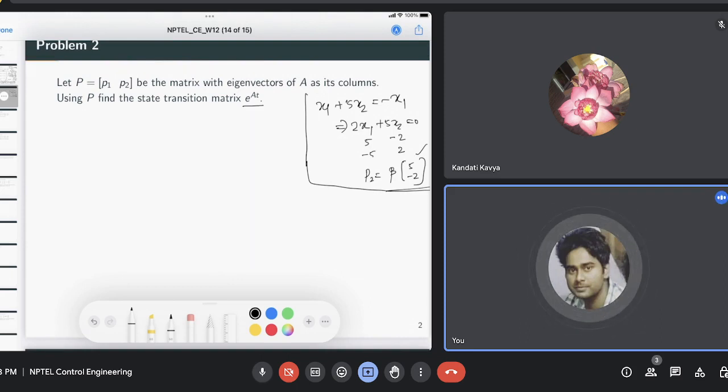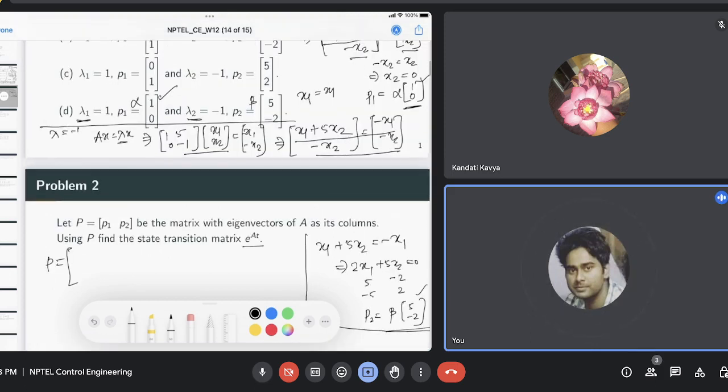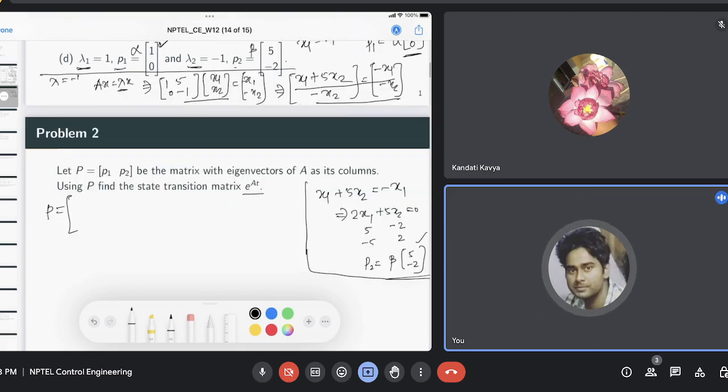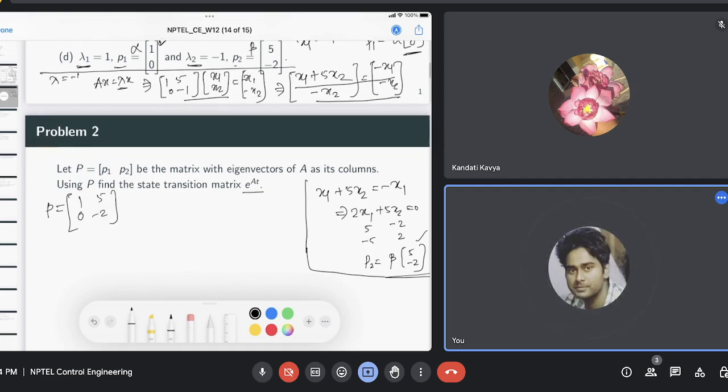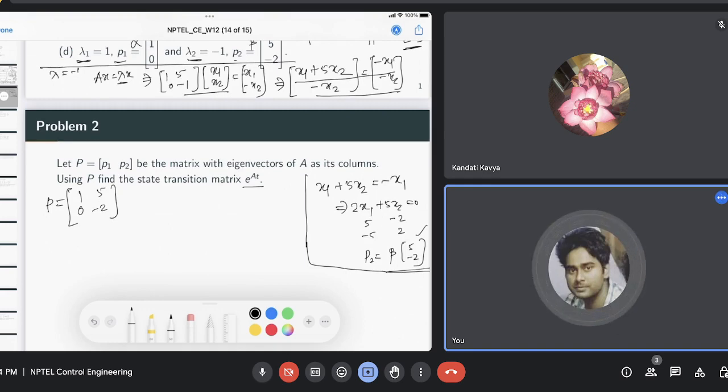So we already have these eigenvalues and eigenvectors, so we'll just place these eigenvectors p1 and p2 as the column vectors of P. So this is 1, 0 and 5, minus 2. If we use the similarity transformation, then we can diagonalize this matrix.